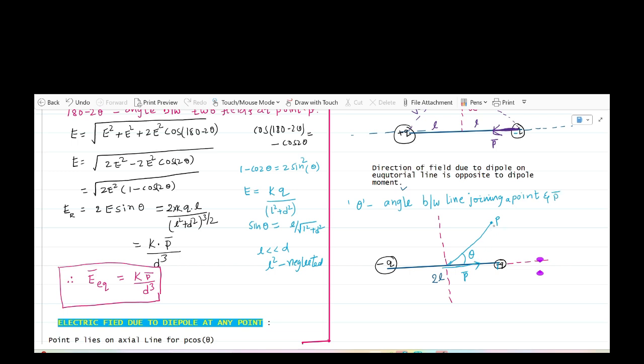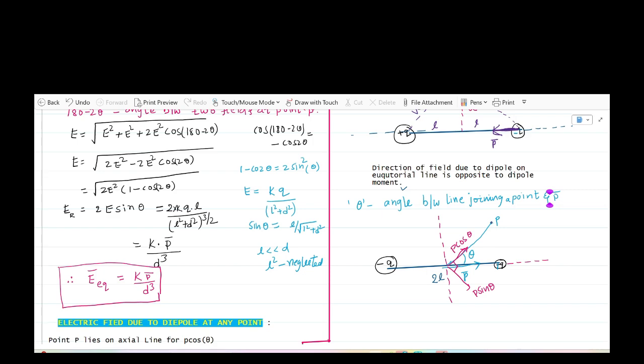So if you see this, P bar, the dipole momentum, resolve into two components. One is along this line, which is equal to P cos theta, and perpendicular to that line, P sin theta.